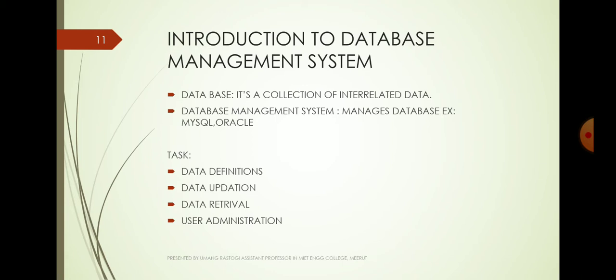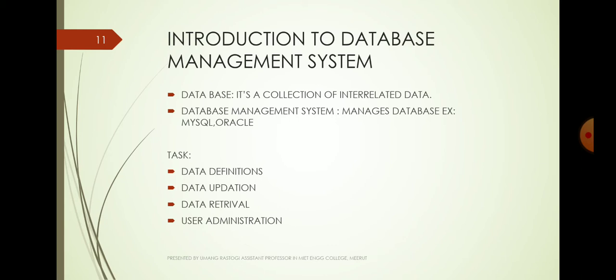Next one is data retrieval. Retrieval means fetching the data from the database. If you want to take some data from the database, that is called data retrieval. Last one is user administration. User administration means every user has their own authority on their account.